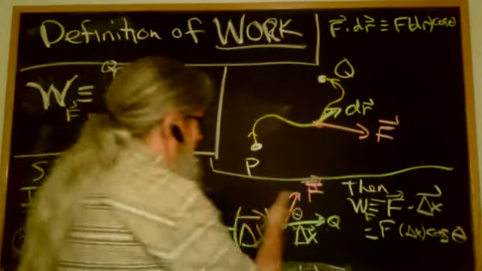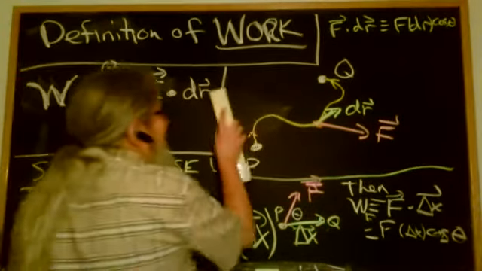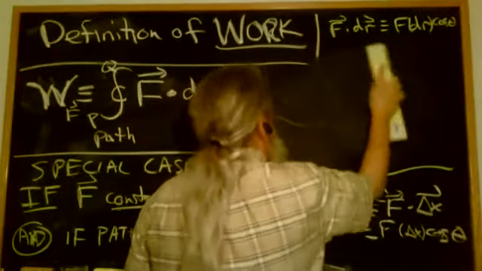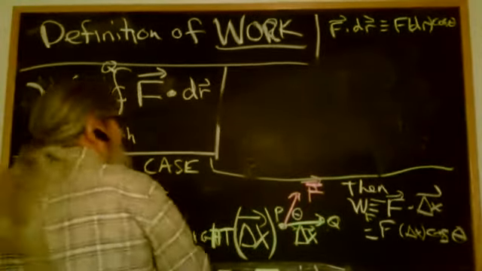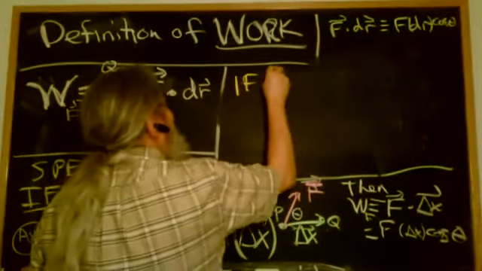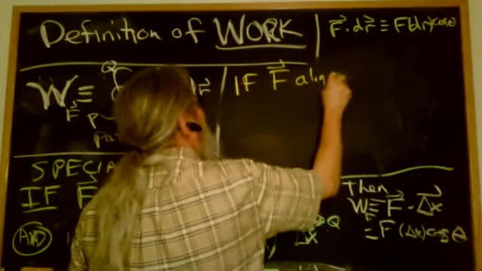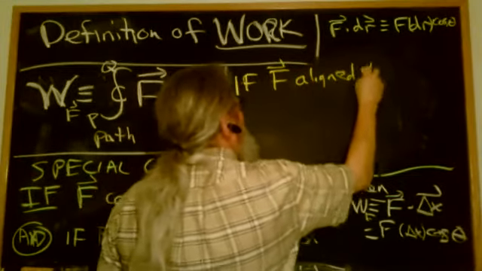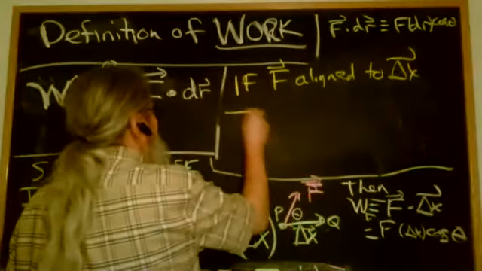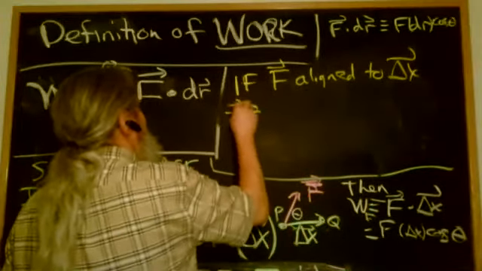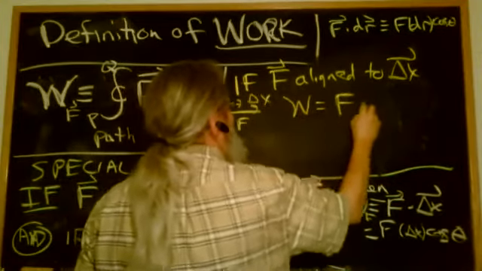So let's actually figure out three important examples of this special case. Now I'm looking at special cases of the special case. If F is aligned, which is to say parallel to delta x, they both point the same direction, then the work is just equal to the magnitude of F times delta x.